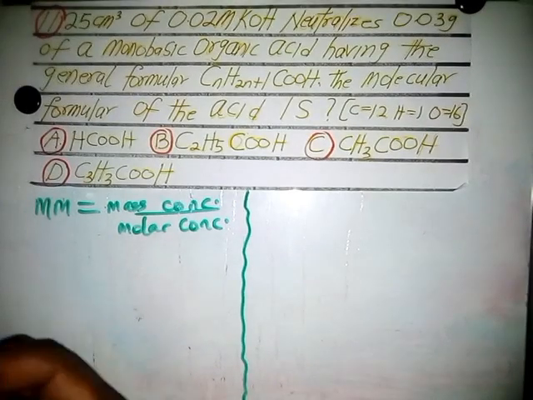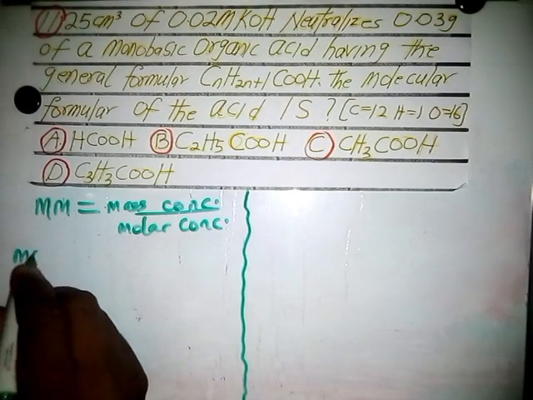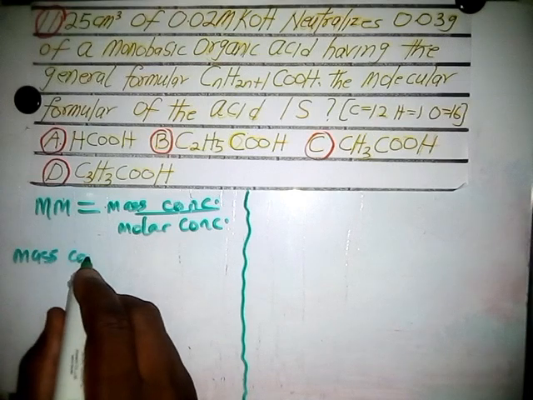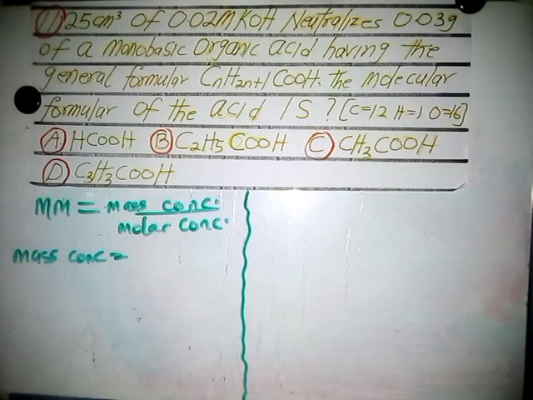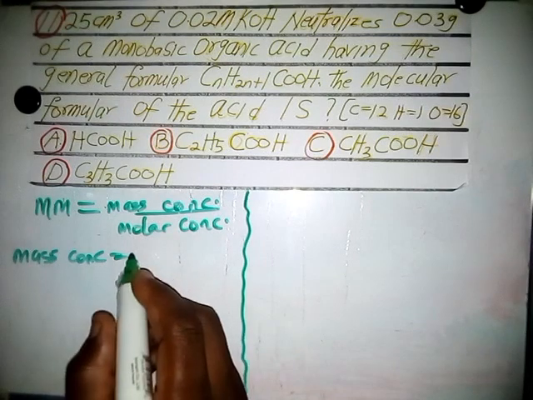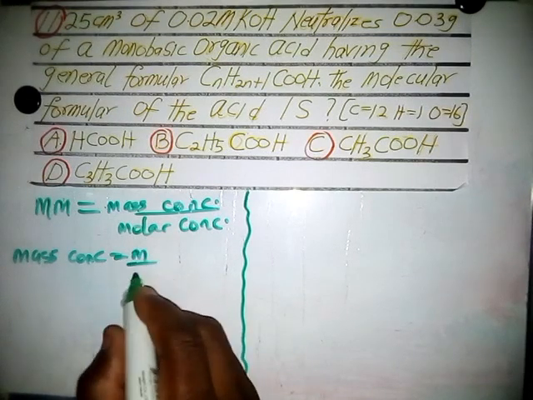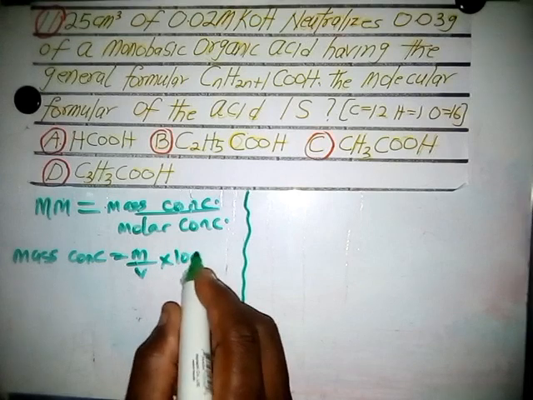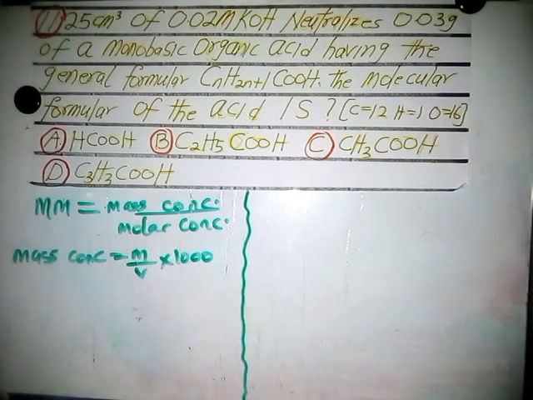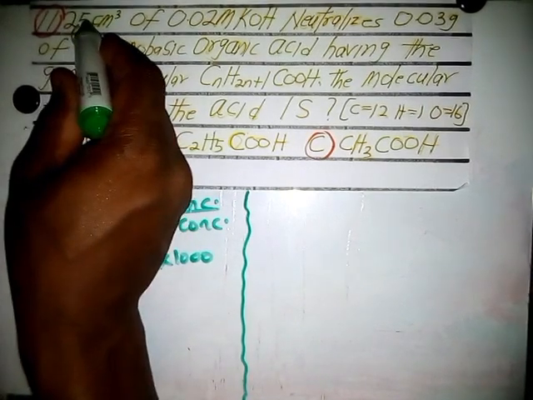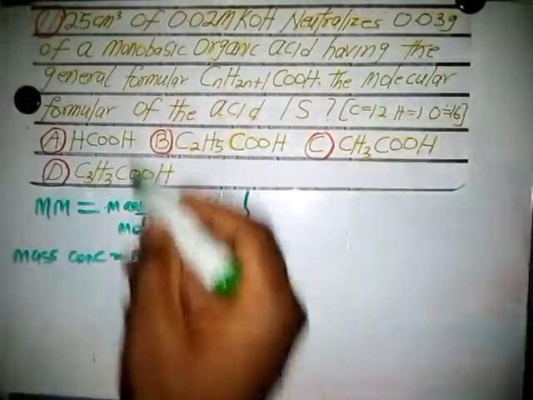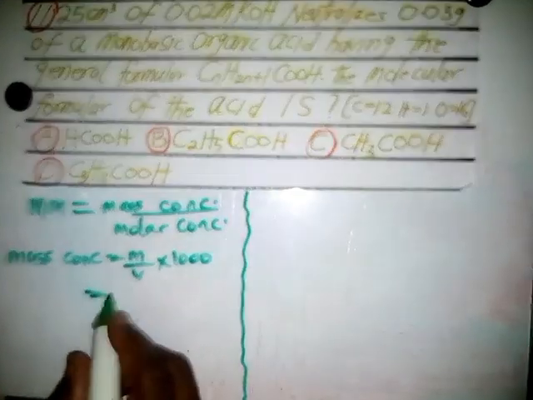So mass concentration is like this. Mass concentration is mass over volume times 1000. Mass over volume times 1 dm cube, that is 1000 cm cube. So the mass is this, volume is this, so I can calculate this now.